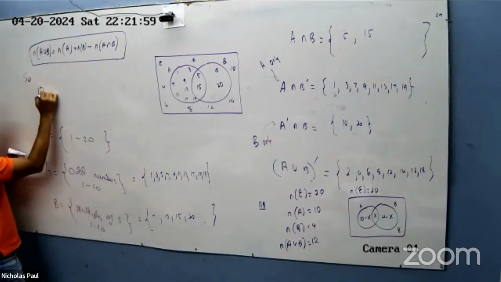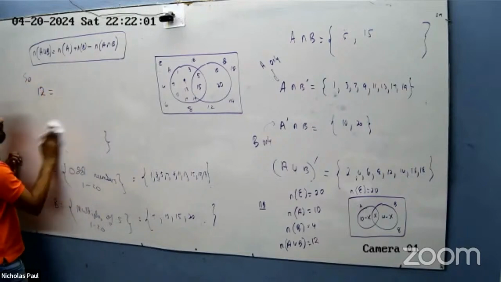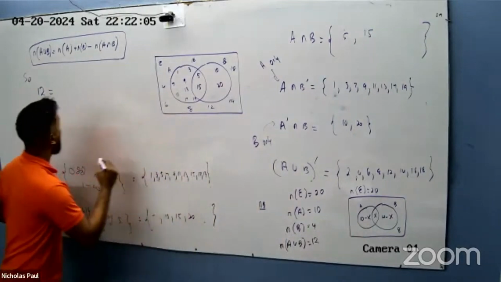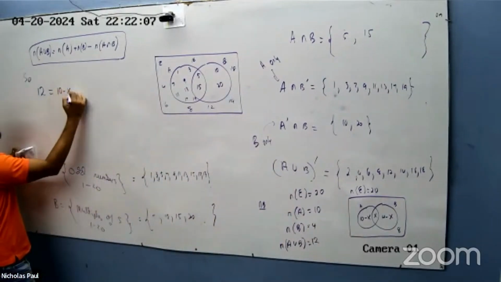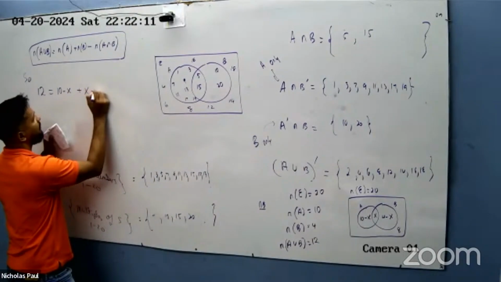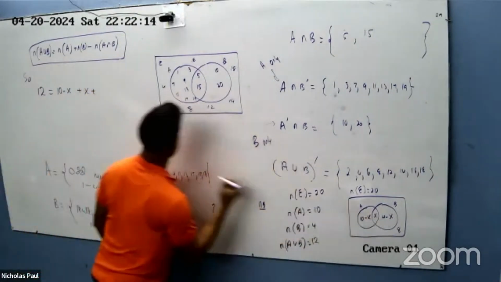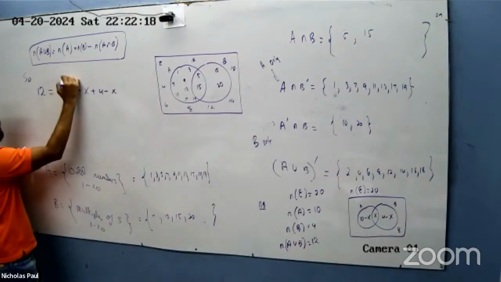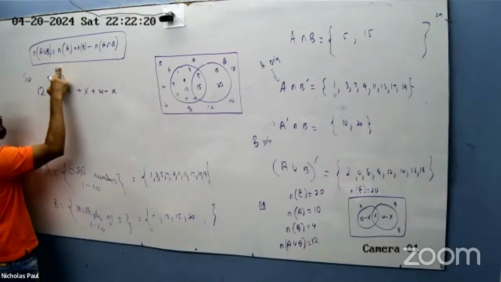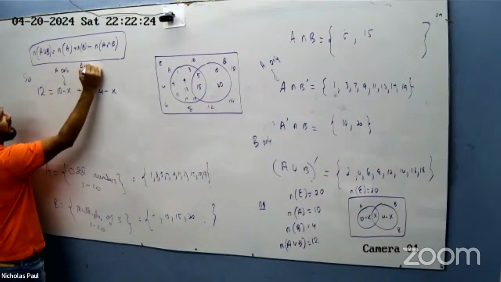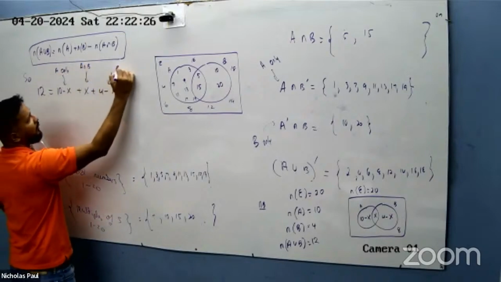I am saying that 12 is equal to here, which is 10 minus X, plus here, which is X, plus here, which is 4 minus X. This is A only, this is A intersect B, and this is B only.